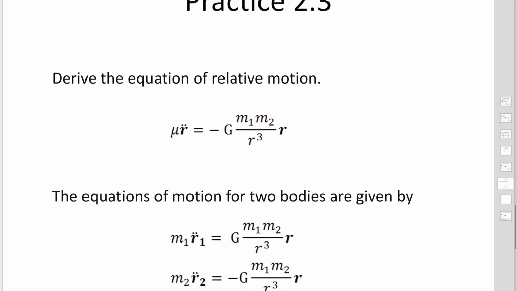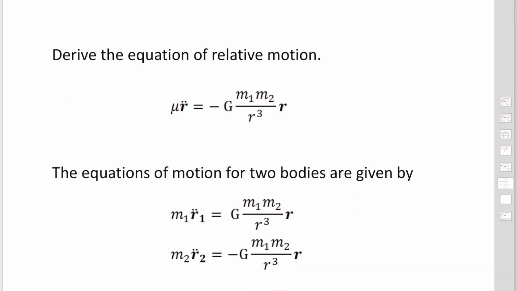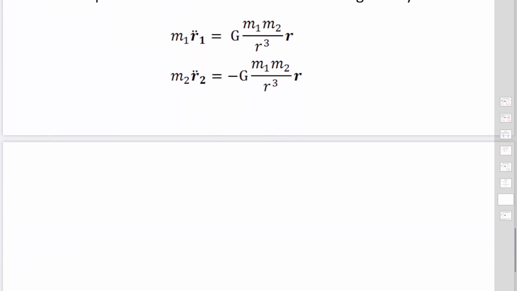The equations of motion for the two bodies are given by these two equations, and I'd like to show you how to get this equation. From the first equation, m sub 1 r sub 1 double dot equals G m sub 1 m sub 2 over r cubed times r.